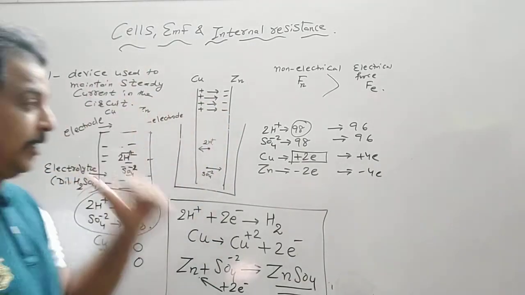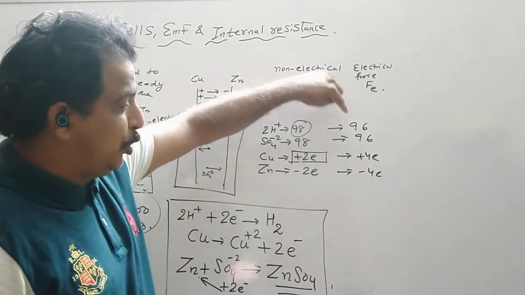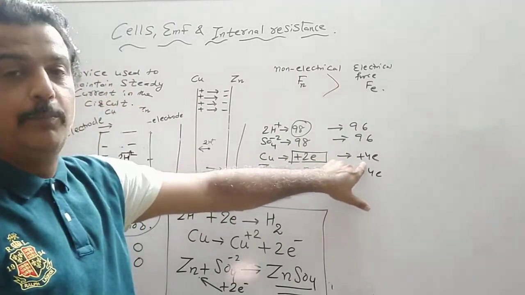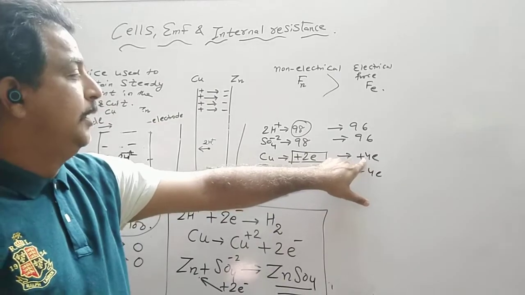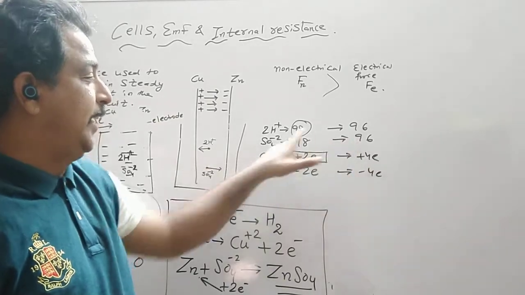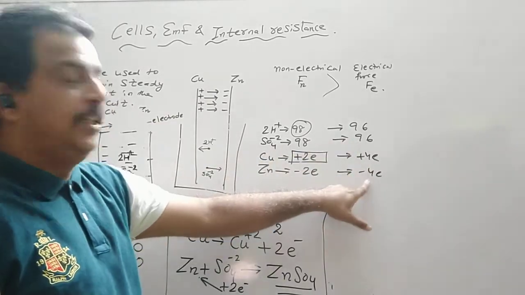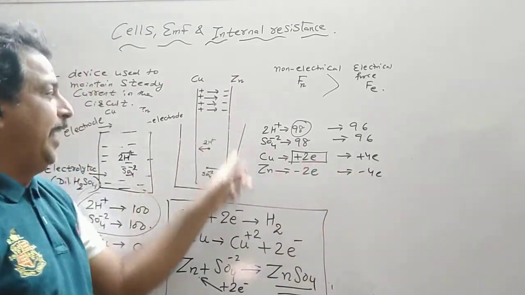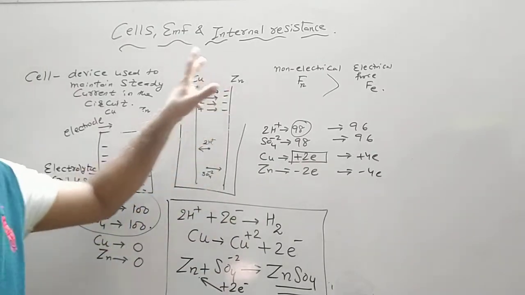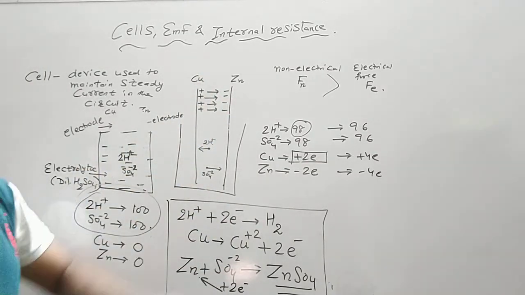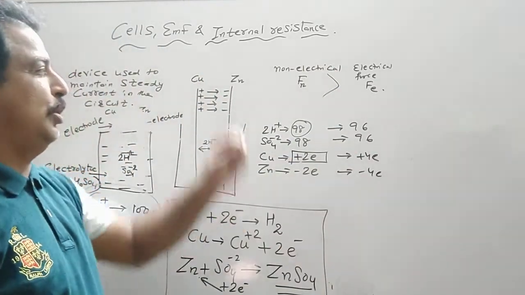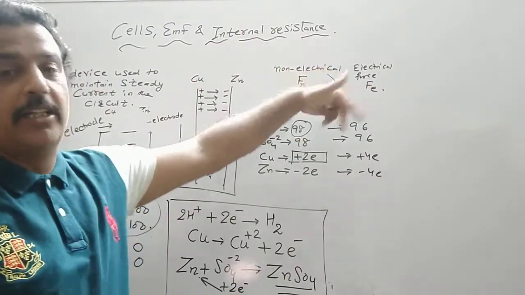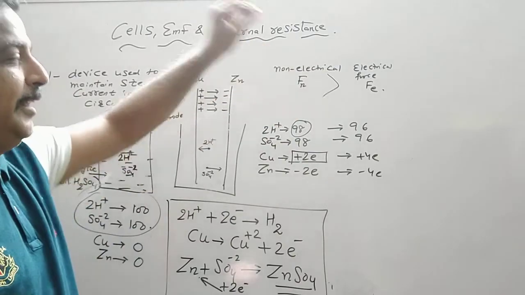In the third cycle, these 96 positive ions will find opposition from the 4 positive charge on copper, and these 96 negative ions will find the force of opposition from the electrons on the zinc electrode. This process will continue because the non-electrical force is greater than the electric field.